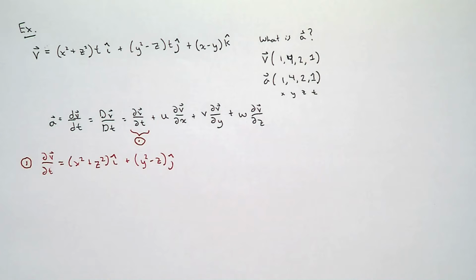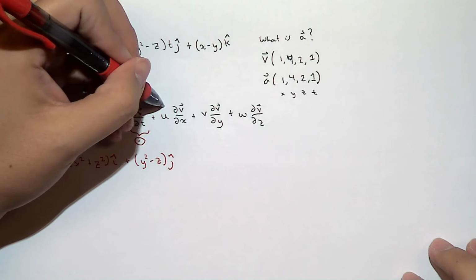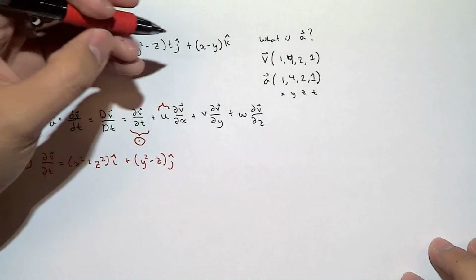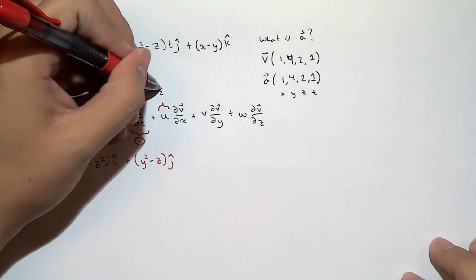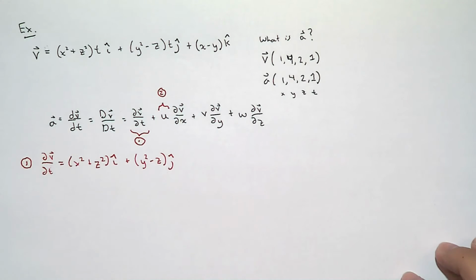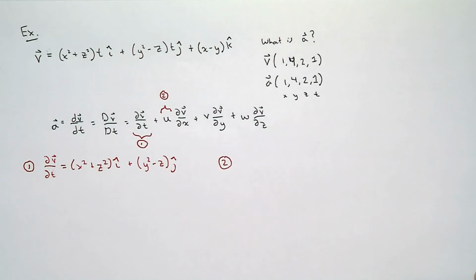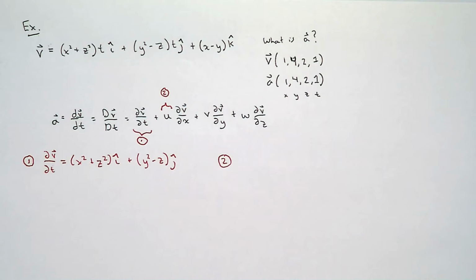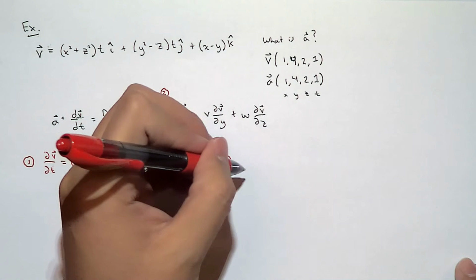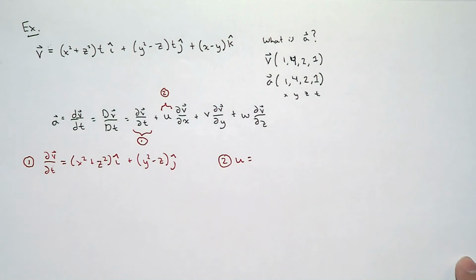Okay. Let's move on. We need the x component of the velocity. In other words, we're going to need the change in x with respect to time. Now, what is that x component? That's u. What is that x component u equal to?